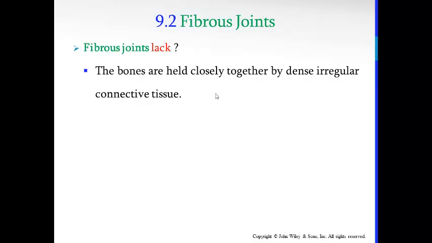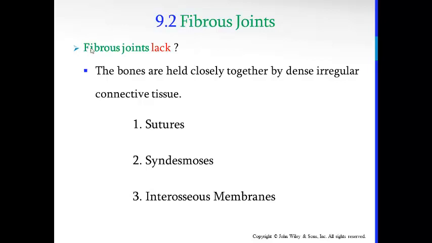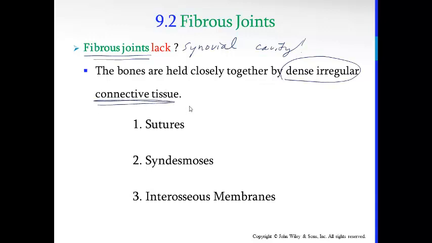So our fibrous joints, here is an example of the type of fibrous joints. These types of joints lack a synovial cavity, but they are held mostly by fibers, these dense, irregular connective tissues. We see them present in sutures, in syndesmosis, and interosseous membranes.